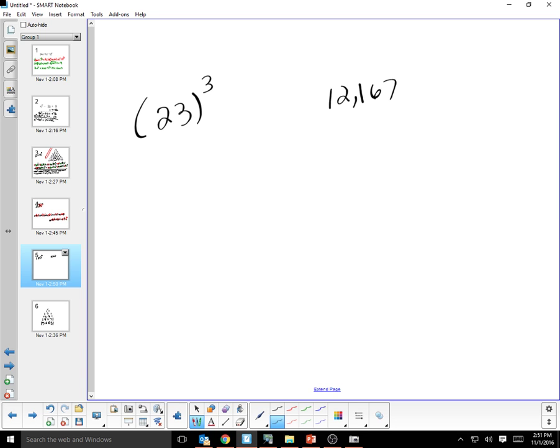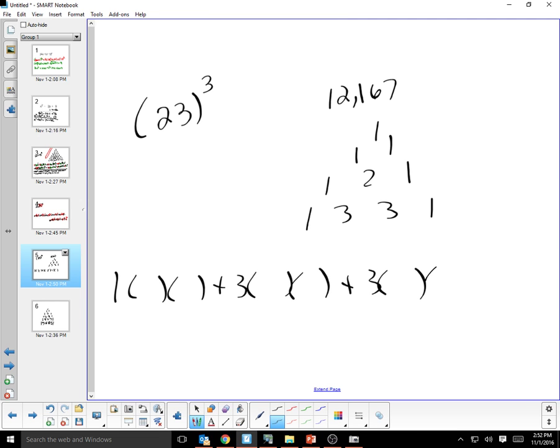The numbers are 1, 3, 3, 1. So it should be 1 something plus 3 something plus 3 something plus 1 something, with exponents 3, 0, 2, 1, 1, 2, 0, 3.